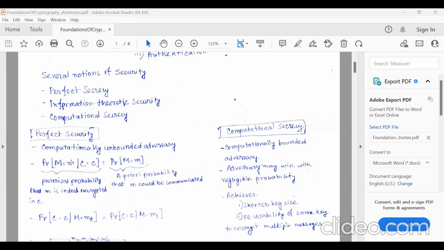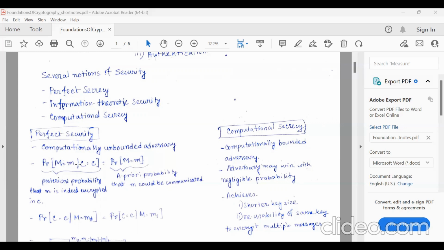Here we talk about a ciphertext-only attack, for a passive adversary who just observes the ciphertext being communicated over a public channel. Does it gain any information by seeing the ciphertext? Our aim is that whatever prior information about the distribution of plaintext the adversary has, it should have exactly the same information even after seeing the ciphertext. The ciphertext should not leak any extra information about the distribution of the underlying message.